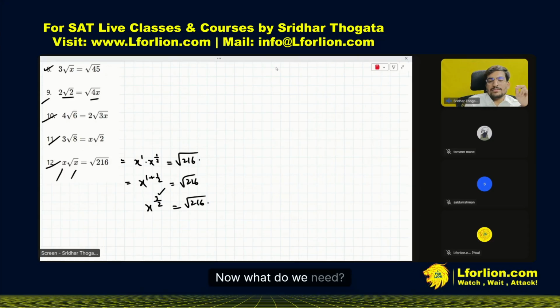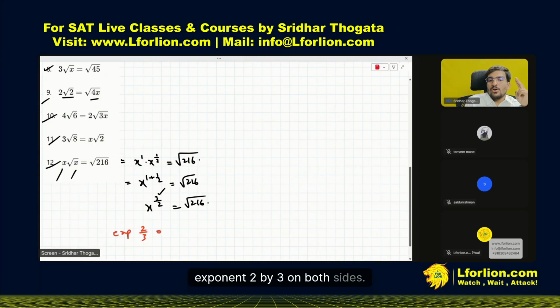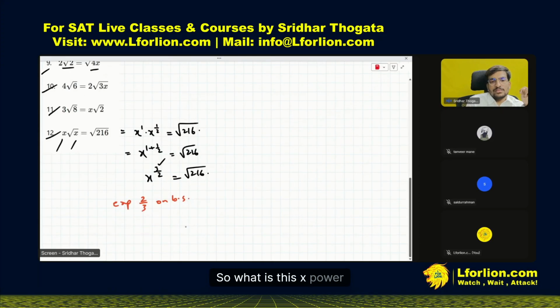Now what do we need? We want only x. We don't want this exponent. We want to remove that exponent. How can we remove that exponent? The power 3 by 2 is there. So we do 2 by 3 exponent on both sides. x power 3 by 2 equals root 216, same thing I wrote.